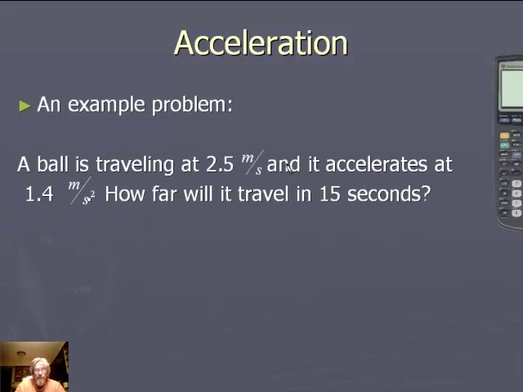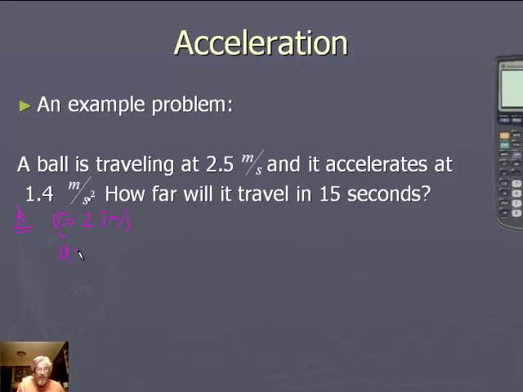Here's an example problem that we could use this equation to solve. Let's do analyze, plan, compute, evaluate to get through this problem. A ball is traveling at 2.5 meters per second. This is the analyze stage. What do I know? I know initial velocity is 2.5 meters per second, and it accelerates at 1.4 meters per square second.